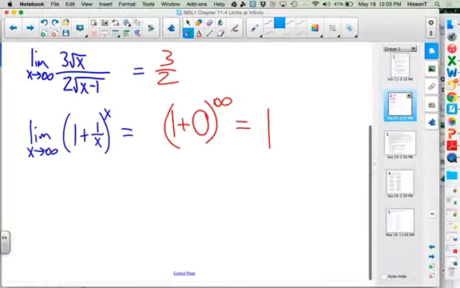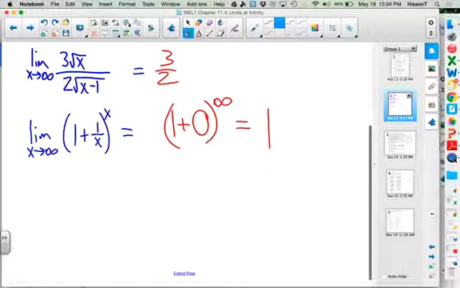Okay. So, here we go. As x is getting huge, here's where you've got to be able to apply the rules within functions. That's very, very good, okay? 1 over x, as x gets huge, what is 1 over x going to approach? 0. It's going to approach 0, okay? So, now, you do have this exponent that's getting bigger and bigger and bigger, okay?